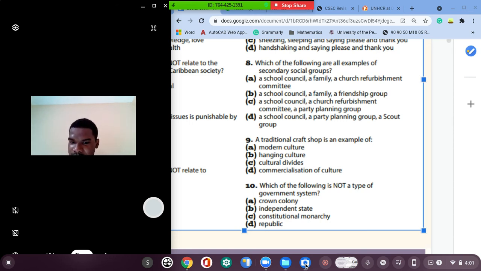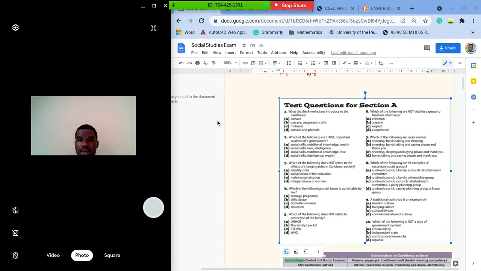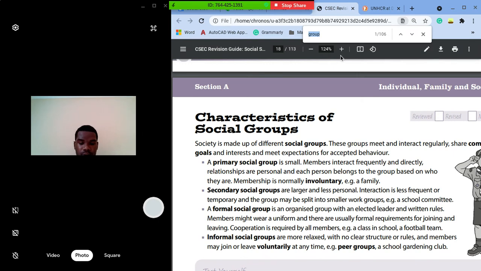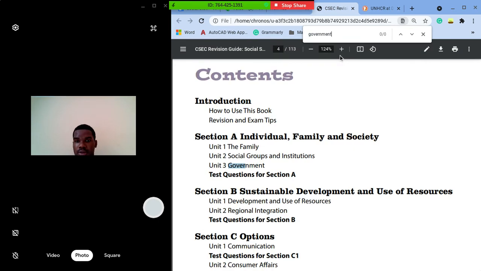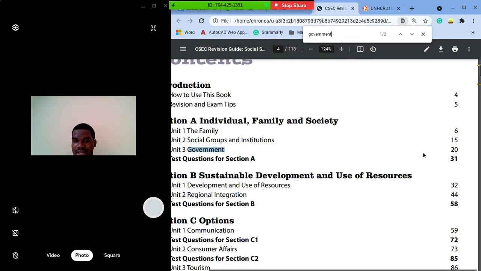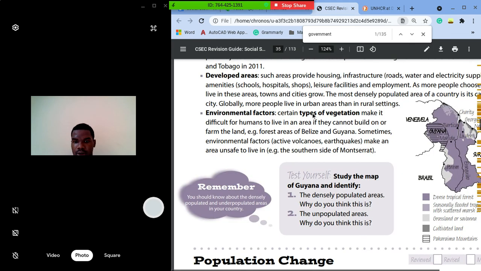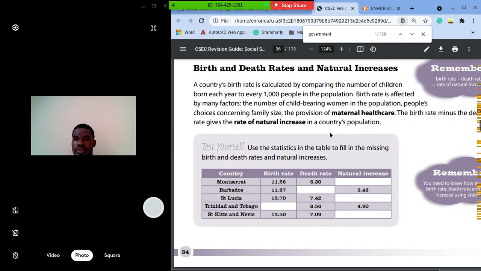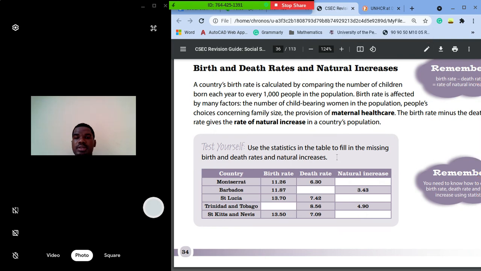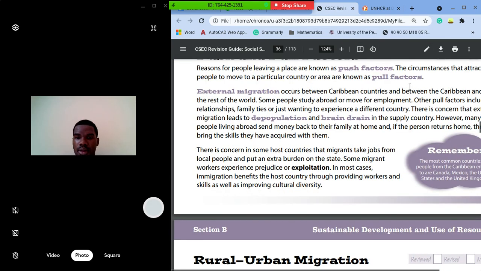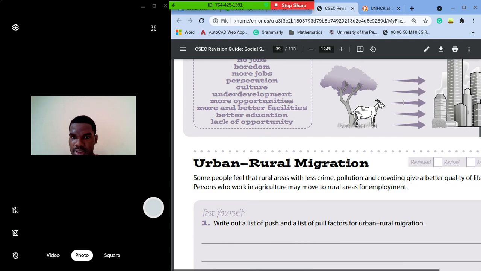Alright, so I want you to go over government then. We're going to pick up next class on government. Let me quickly give you that topic to look at. Government on page 31 to page 34. Next class we're going to pick up on government and go over the types of government systems. So let me just quickly go to government for you.